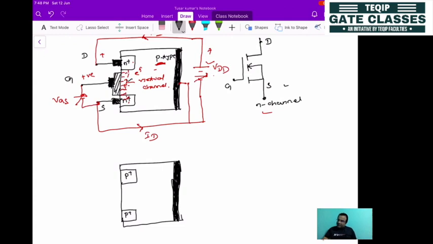Then there is no physical channel. Okay, so this is the N type substrate. And here you can put the metallic contact for electrical connection, and this terminal is known as drain, and here you can put another metallic contact, and this terminal is known as source.